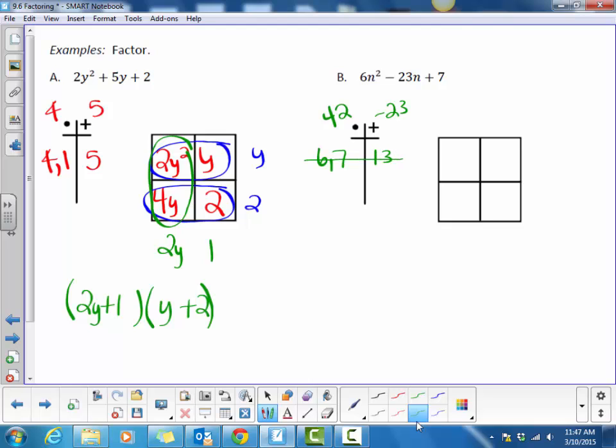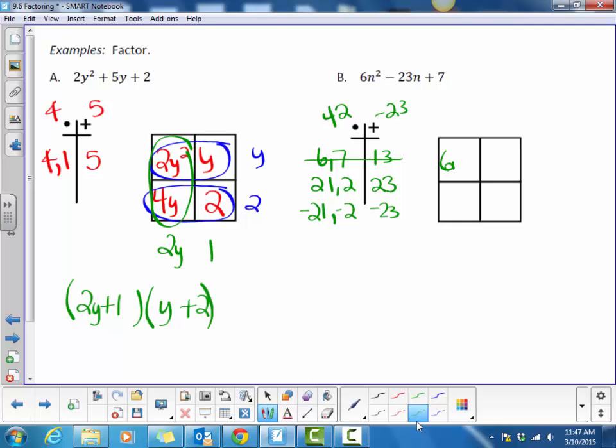That's not it. What about 21 and 2? That equals a positive 23. If I make them both negative, perfect. So a negative 21 times a negative 2 is a positive 42, and they add up to a negative 23. That's perfect.